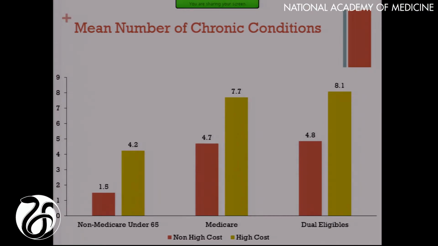People who are high cost always have more chronic conditions. That's not a surprise. And as you march across these three populations, you can see in general that the number of chronic conditions is rising. Another way of saying it is that the non-high-cost patients in Medicare have even more chronic conditions than the high-cost patients in the non-Medicare population. Again, this makes sense: an older, sicker population.